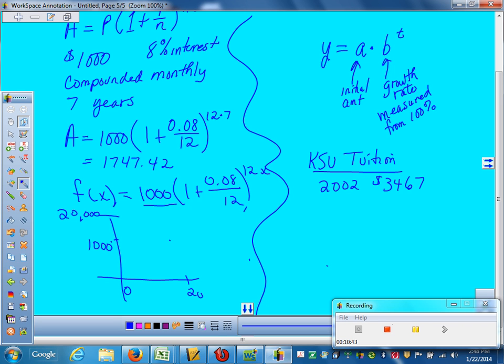Okay, I then checked again and found out that in 2012, it was rising at a rate of 7.6% per year. So my question to you is, how much is tuition in 2014 if it kept growing at that same rate?